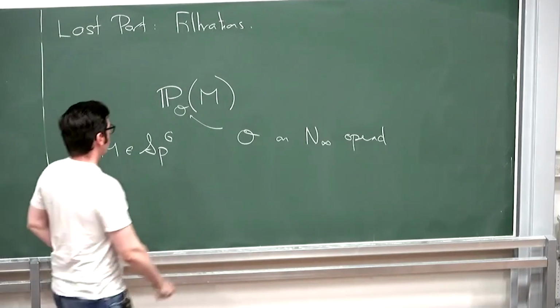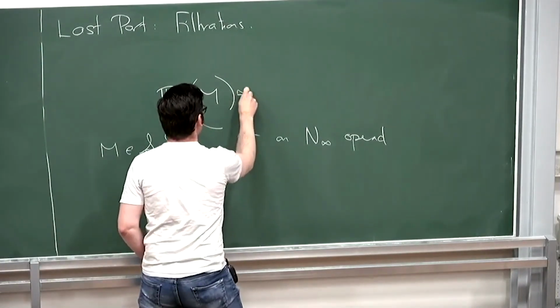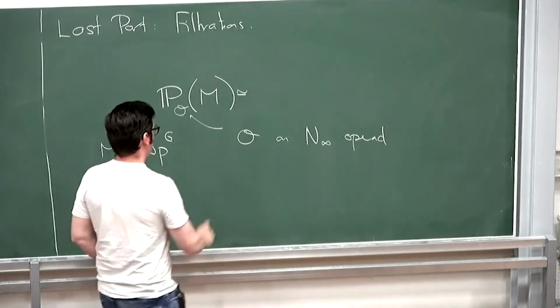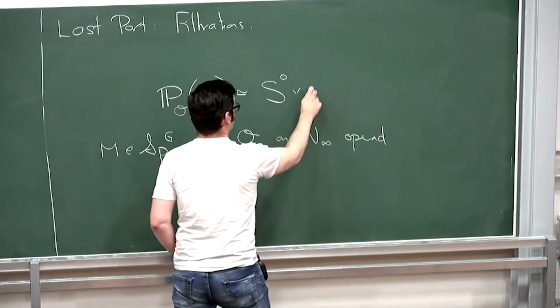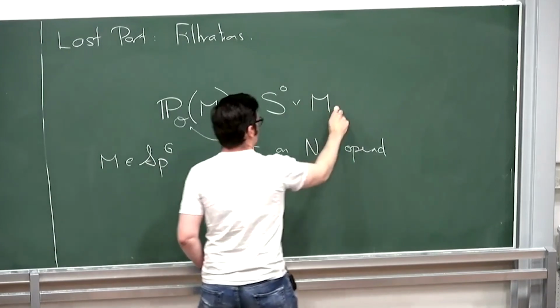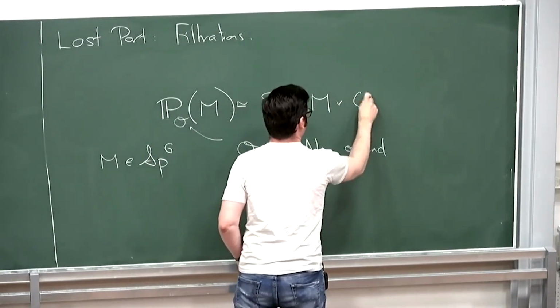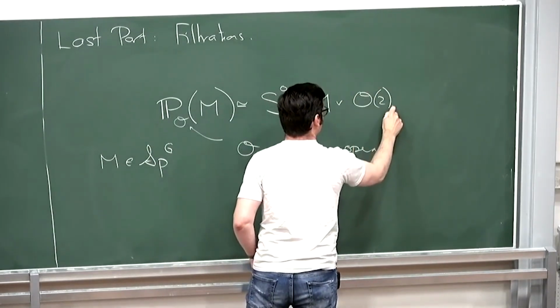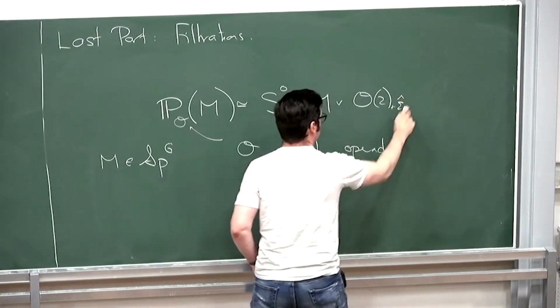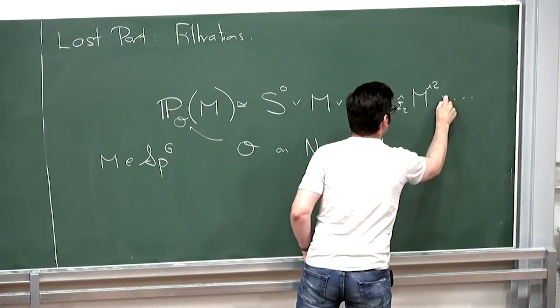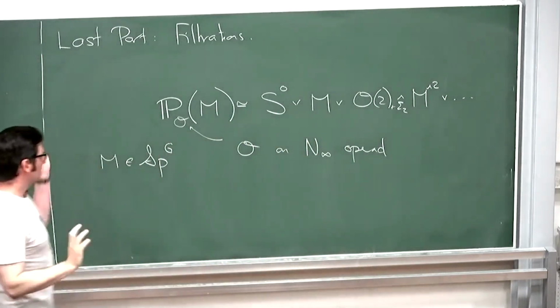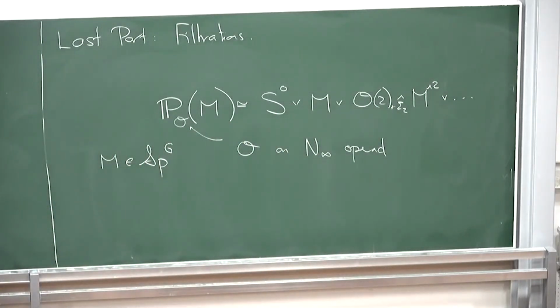And so I have something that looks like the usual decomposition of this into symmetric powers. I have the 0th symmetric power, and then the 1st symmetric power, and then the 2nd symmetric power. And there are no groups bigger than C2, so this is as far as I need to go anyway.